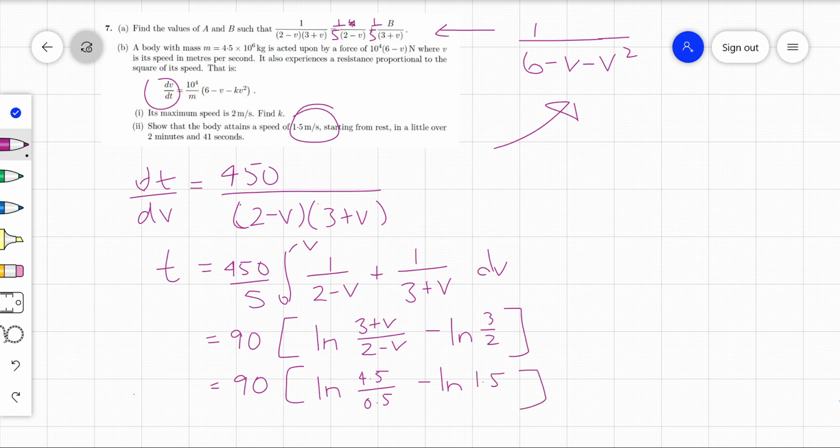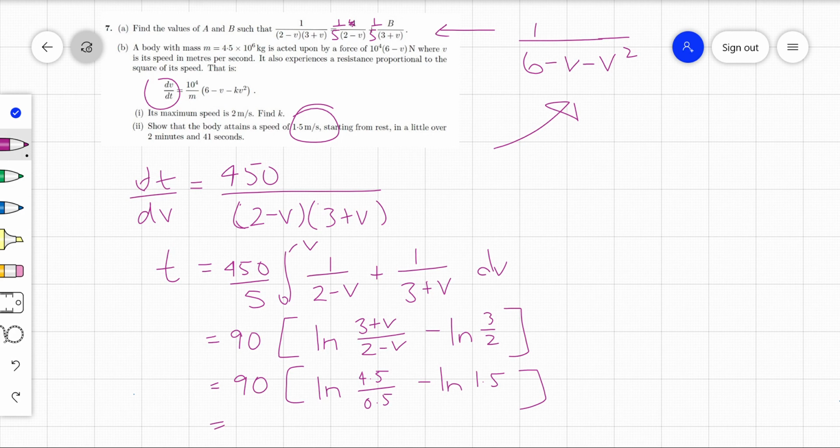So if we wanted to, we could put those logs together too. Here, really, I would just go to the calculator and put it in. So give that a go and just make sure you do get the answer. We should be getting it. Of course, you will get your answer in seconds because time here is in seconds.